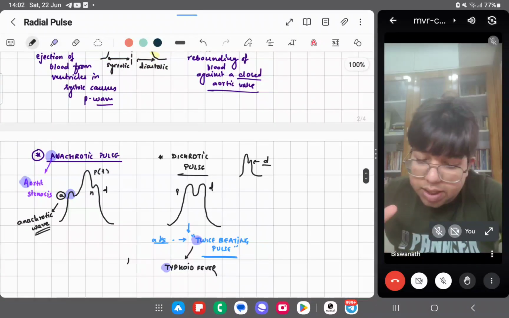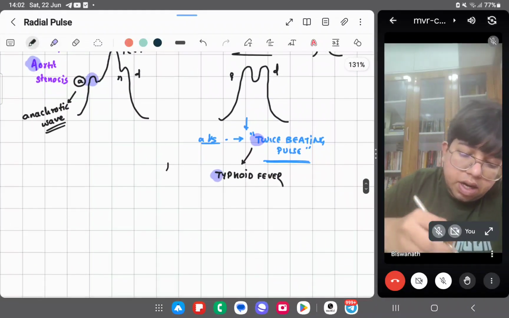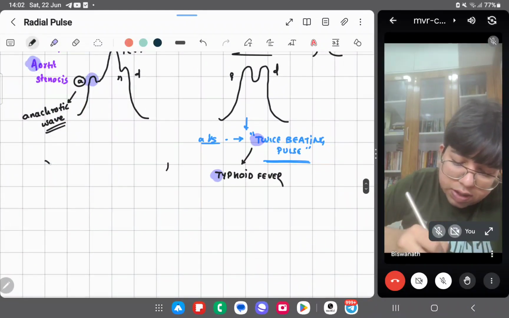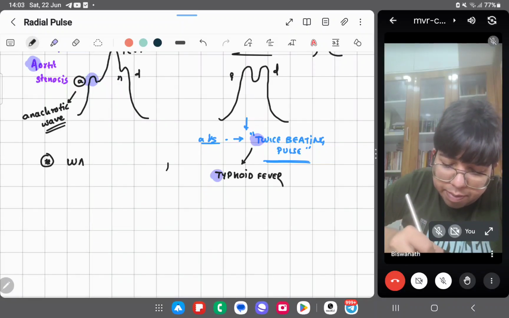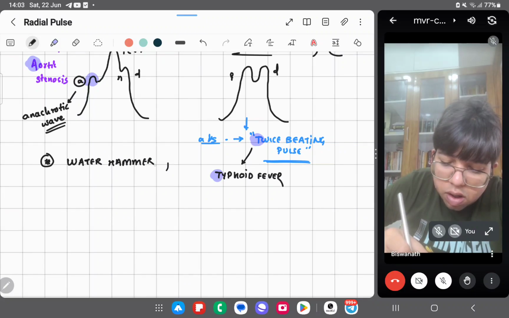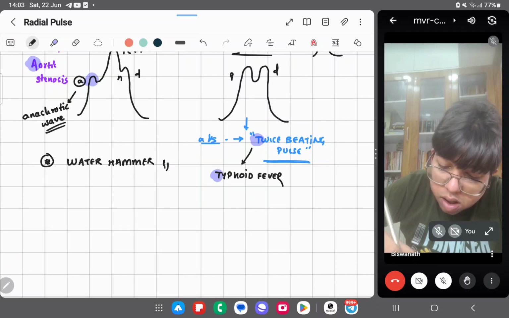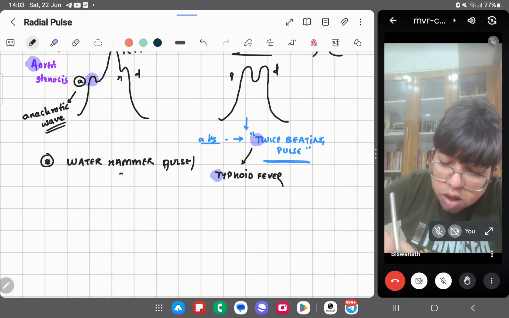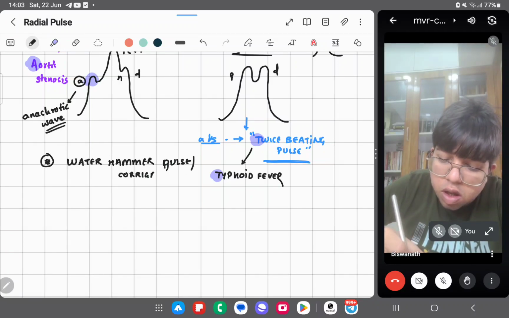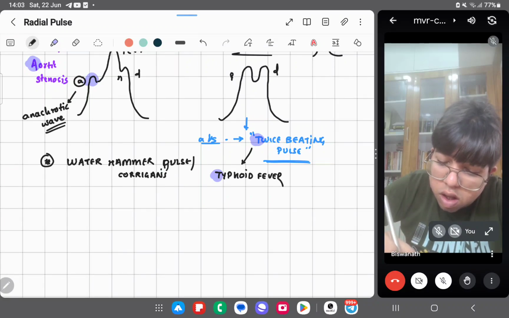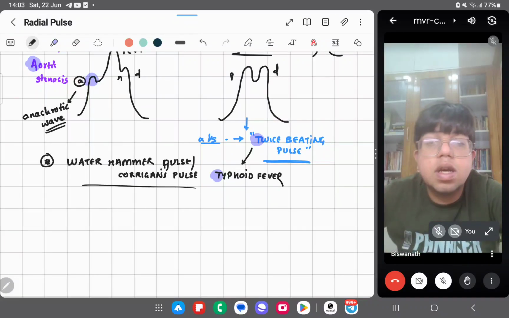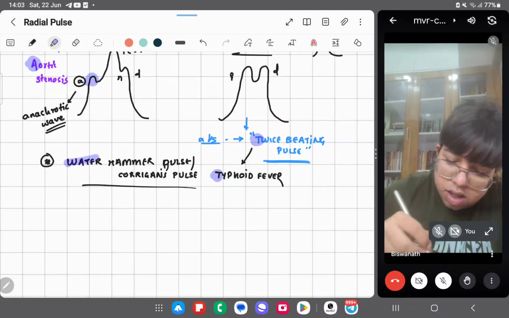Okay, anacrotic is done, dicrotic is done. Then we'll move to another one, which is called the water hammer pulse or the Corrigan's pulse.